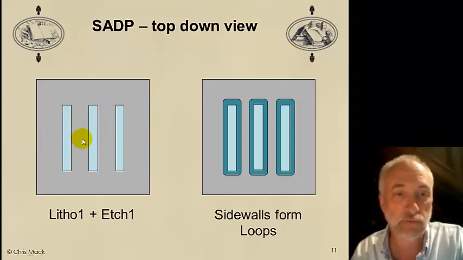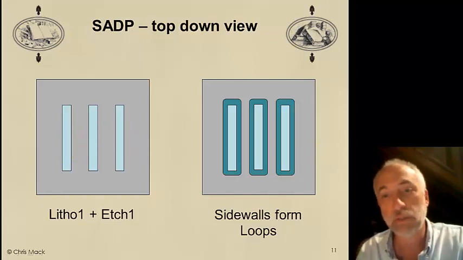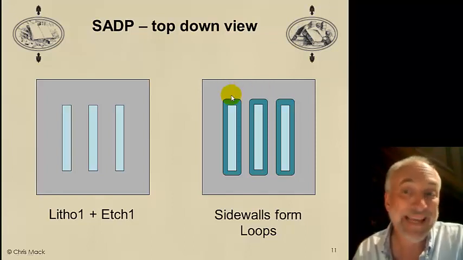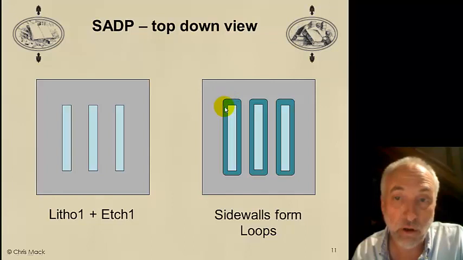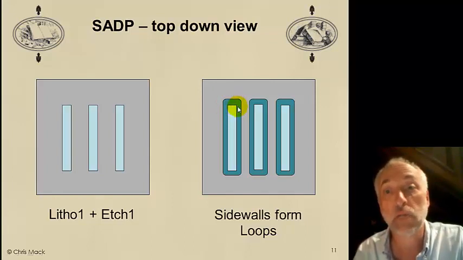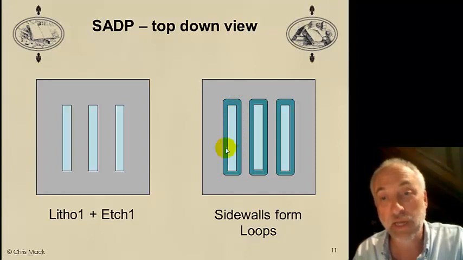I get a feature for each sidewall, a feature for each edge, and that's how I double the number of features. But when I look top-down, I see something else happening. At the ends of the lines, I also get the sidewall being deposited, so that every time I have a line, it turns into a loop.